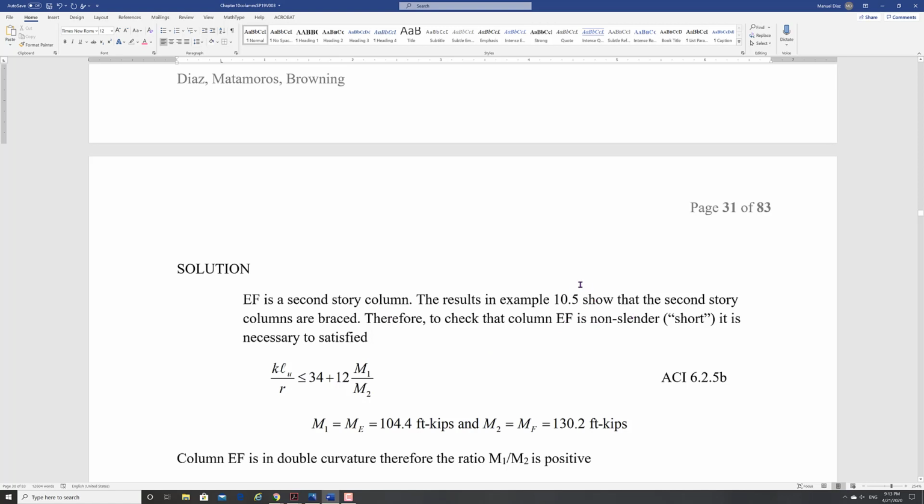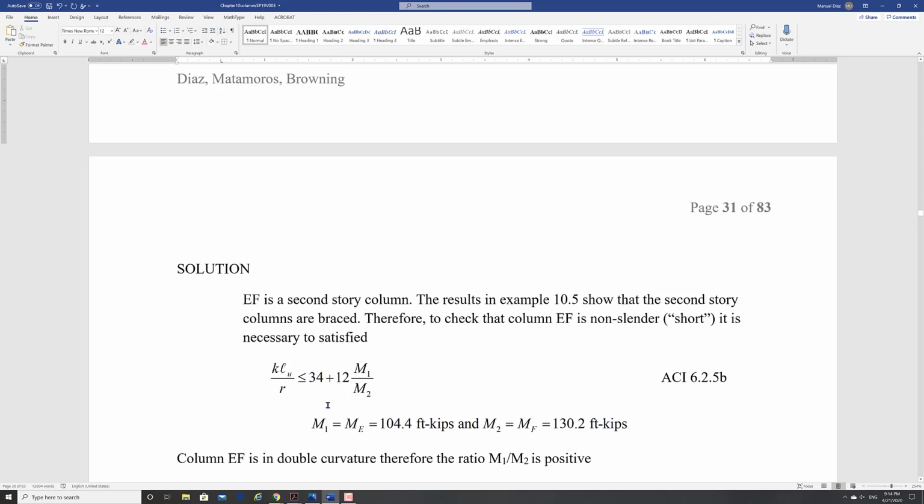And we showed, when we did example 10.5, that the top story was braced. So we did that using the Q index. That was your example on that one. Remember, that's the first step. The first step is always to know if it's braced or unbraced. Otherwise, you don't know which formula to use.